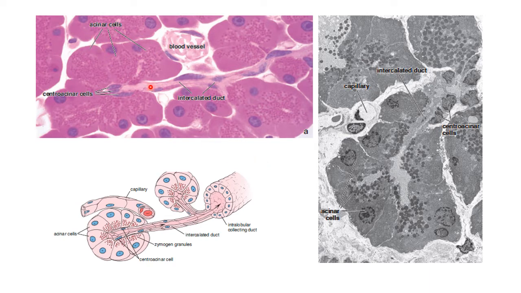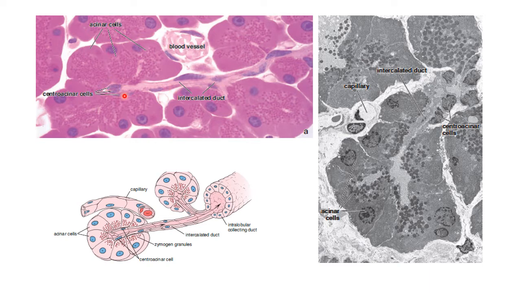The secretion of these acini, or the pancreatic juice produced by this acinus, for example, will be collected by the intercalated duct. The smallest duct in the pancreas is called the intercalated duct, and as we remember in the parotid, we have the smallest duct in the parotid gland, also called intercalated duct.